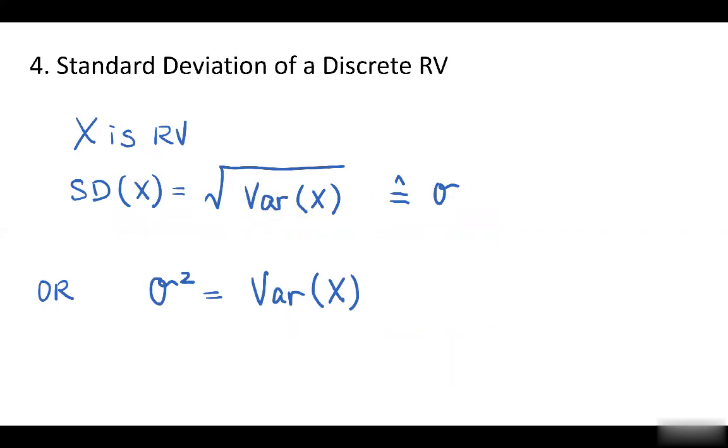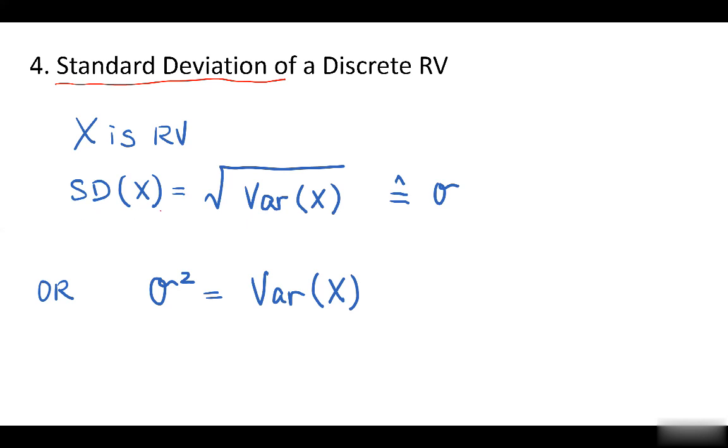No? Okay, let's see the last concept for today, which is called the standard deviation of a discrete random variable. Standard deviation is actually the positive square root of the variance. So by definition, this is not difficult to understand, right?